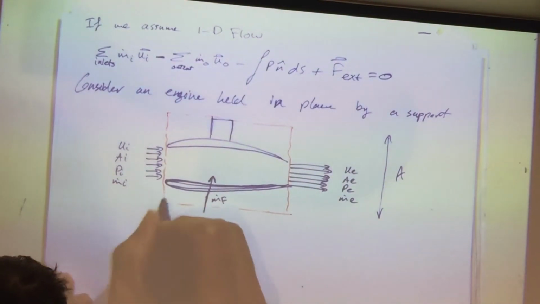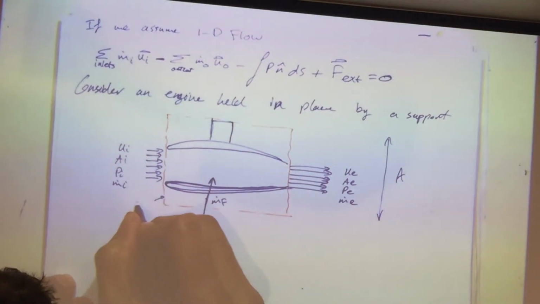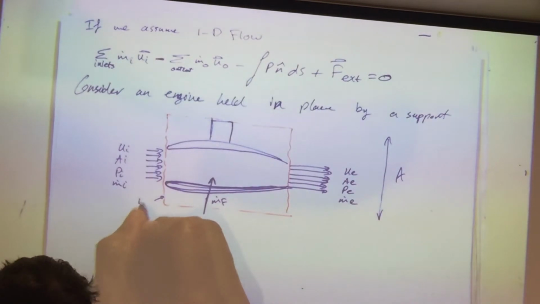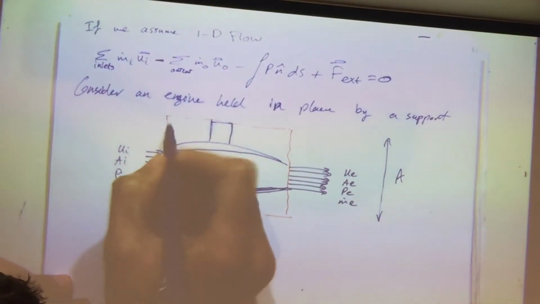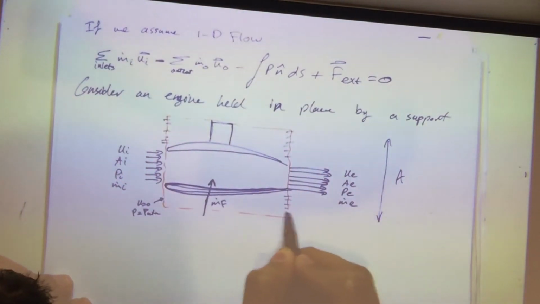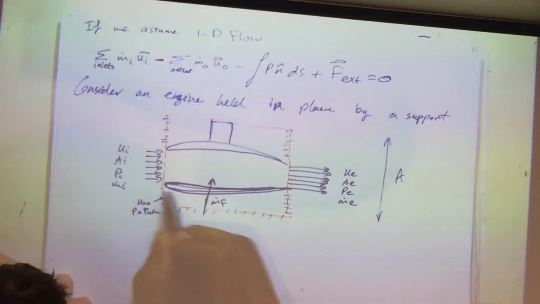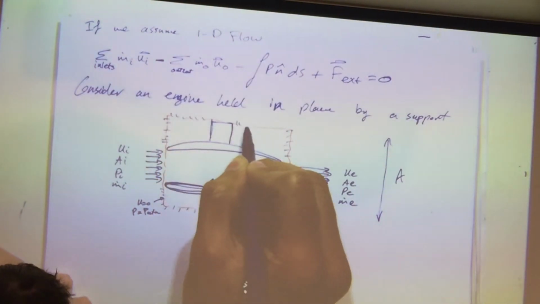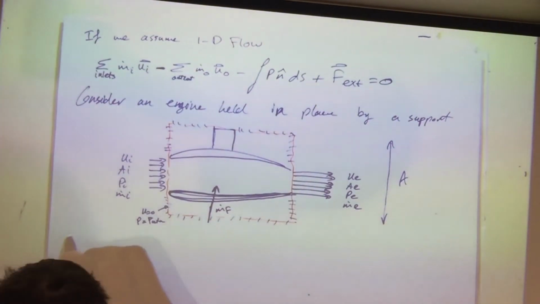Velocity outside the engine, let's assume it's a relative velocity. So right here, anywhere around, the velocity is equal to 0, and P is equal to P atmospheric. Okay, so let's apply our conservation of mass.